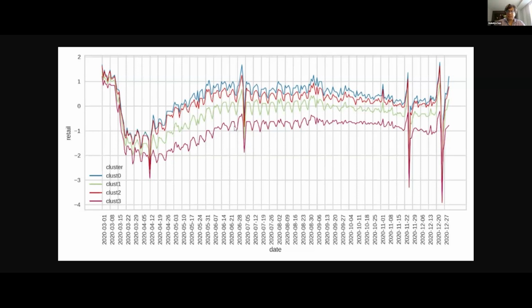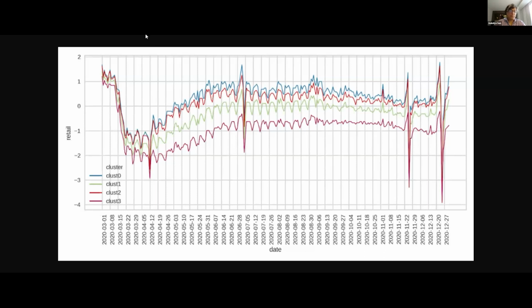When you look at the clusters here, the dark red, this is where retail mobility was the lowest for some reason. They follow the same trends, but there was reduced mobility in this cluster relative to the other clusters and the blue one. So this is important to keep into account.